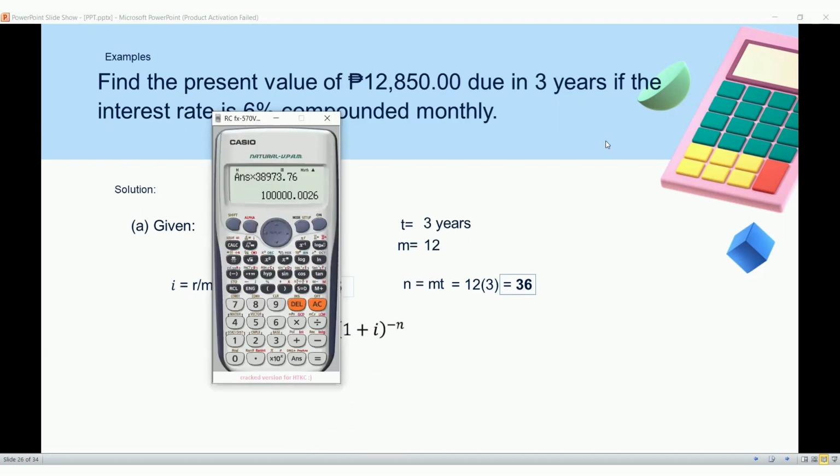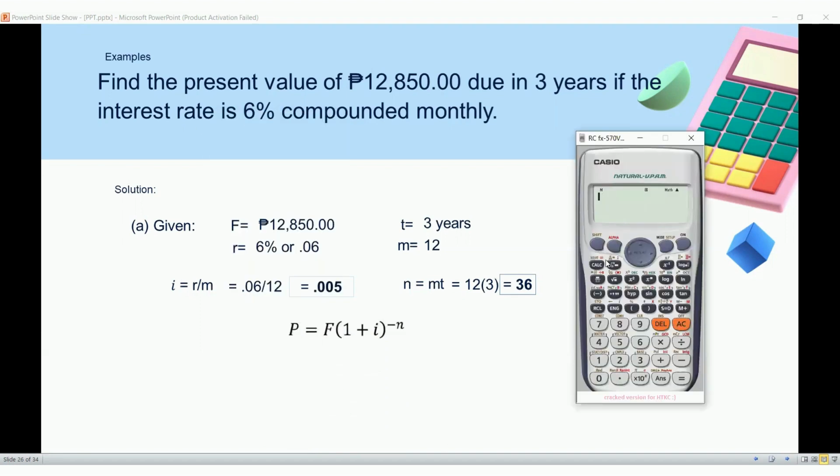So let's try to solve it in our calculator. F natin ay 12,850 pesos. 1 plus our I is 0.005, then raise natin sa negative 36 kasi N. So, ito na.